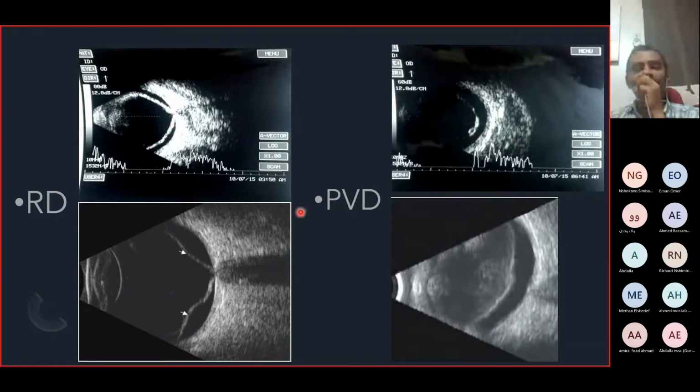Okay, another clue. If you ask the patient, while he is having the probe on the eye, to move the eye to the right and to the left, which one will show more mobility on kinetic examination, the retina or the vitreous? The vitreous, because the vitreous is liquefied, so it will move easily. You find that this posterior hyaloid is actually moving or dancing while the patient is moving the eyes to the right and to the left.